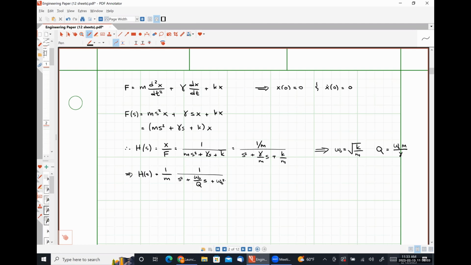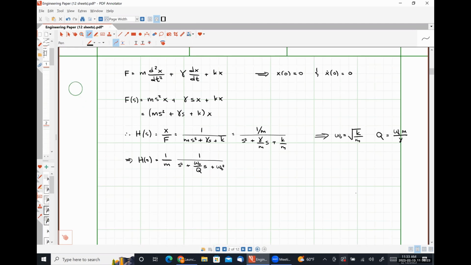So if our system is undergoing steady state sinusoidal oscillation, because we're driving it to do so, right? S is going to be equal to just j omega, right? So we're not going to have any exponential decay term in our oscillations. We are just going to have pure sinusoidal vibrations.